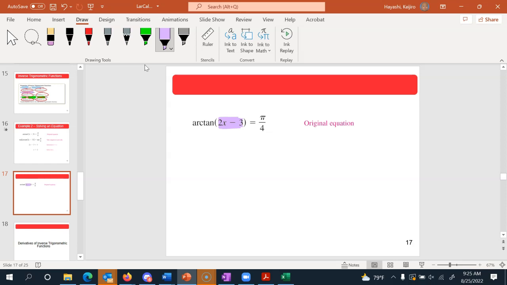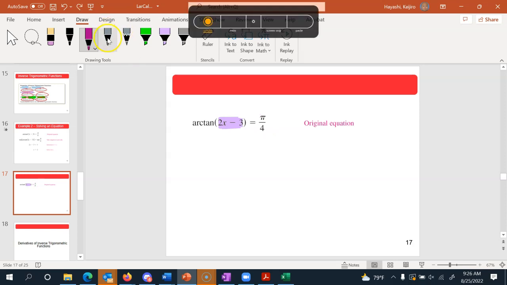That's going to be some value of tangent that gives pi over 4 as its angle. So pi over 4 is within negative pi over 2 to pi over 2.